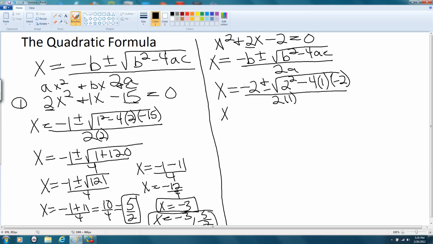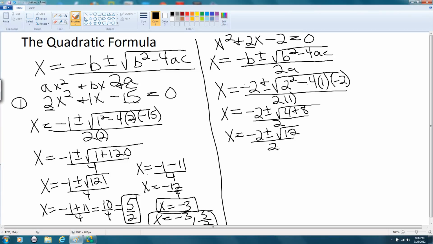So this is going to be equal to x is equal to negative 2 plus or minus the square root of 4, and then negative 4 times the negative 2 is a positive 8, so 4 plus 8 all over 2, or x is equal to negative 2 plus or minus the square root of 12 over 2.